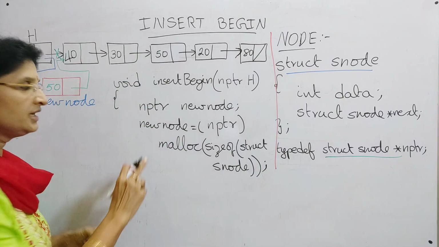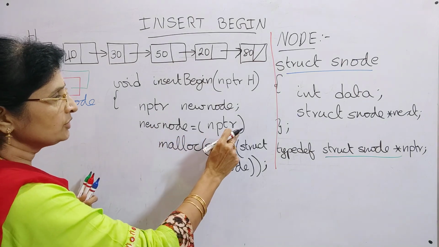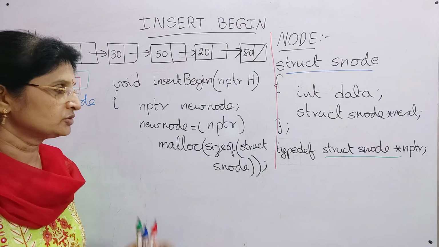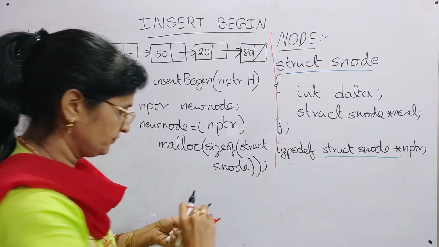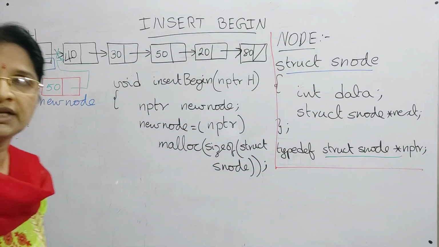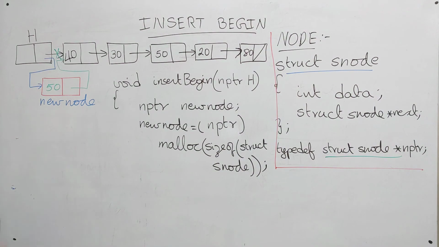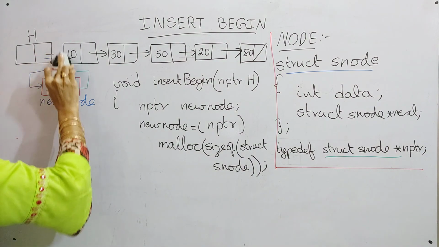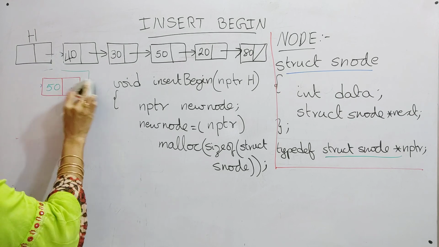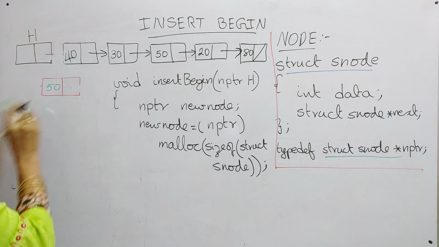So now what I have done here is allocate the memory, that is, new node is equal to NPTR of malloc of sizeof struct snode. So the memory is allocated for this particular node, that is, new node. Once the memory is allocated, so first of all, the memory is being allocated.